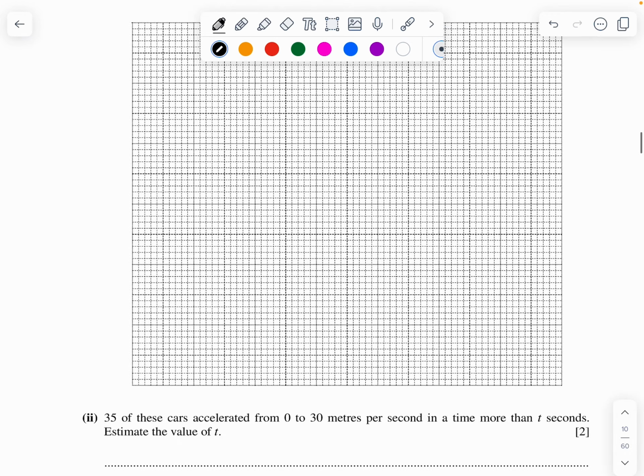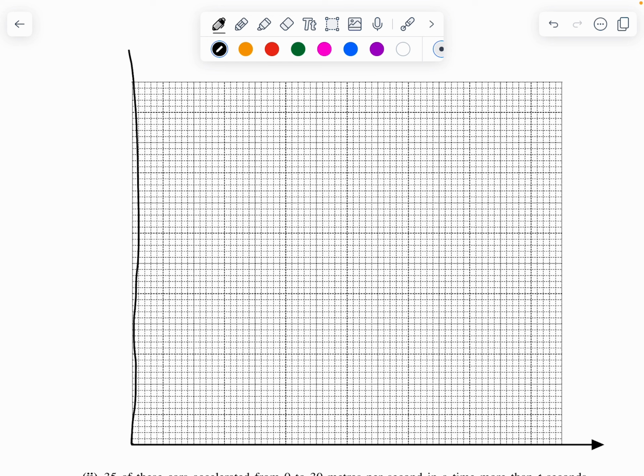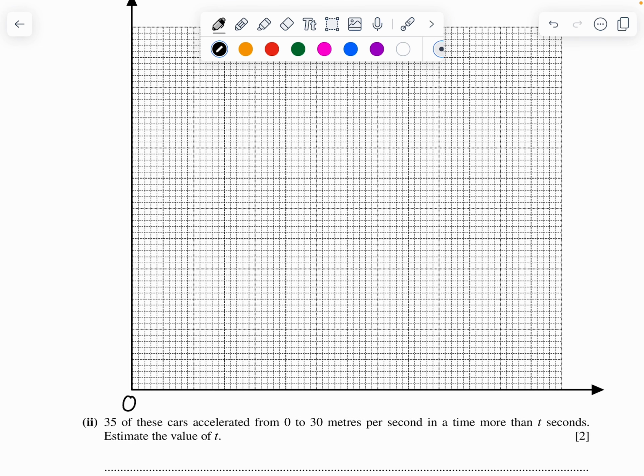So I am going to draw the x-axis and a y-axis. Then 0, 5, 10, 15, 20, 25. Then again 10, 20, 30, then 40 and 50. This is cumulative frequency. This is time, seconds.